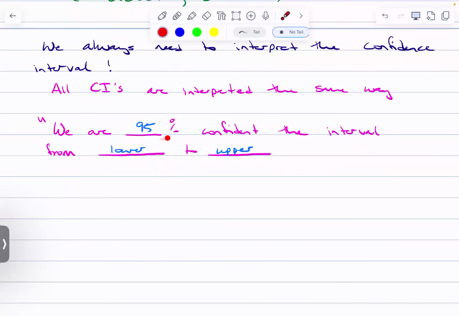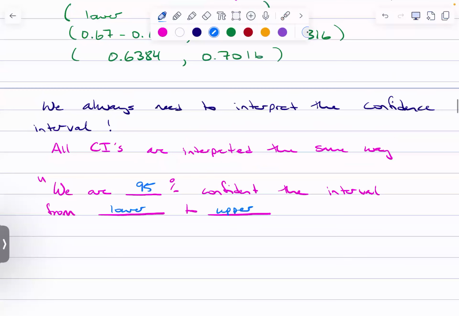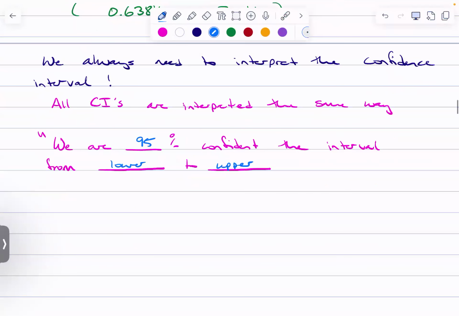And so we're 95% confident that the interval from the lower value to the upper value captures. We'll do a general interpretation first, and then a specific one for our interval. Now, captures is going to be a really important word here. Think about the fishing analogy, fishing with a spear versus fishing with a net.